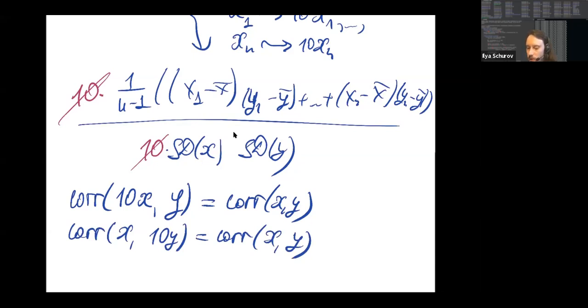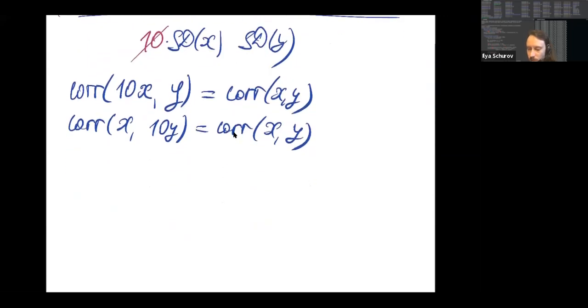Why are we interested in this transformation? In fact, what does it mean that I replaced all my values by the same values but multiplied by 10? This is just a change of units of measure. For example, if we measured something in meters and then changed units of measure and now measure the same values in centimeters, then it just means that we multiplied everything by 10.